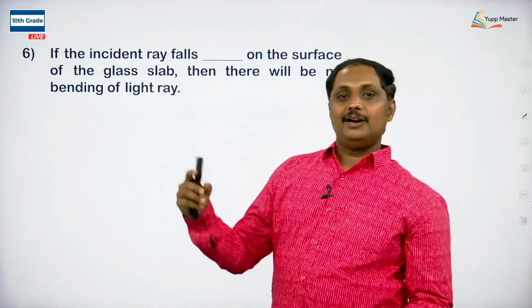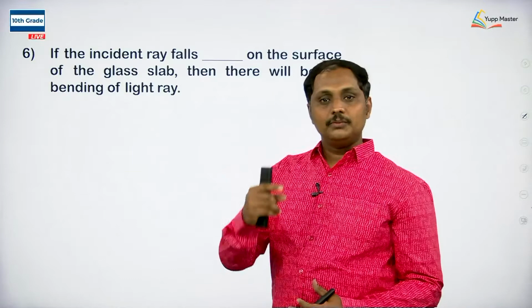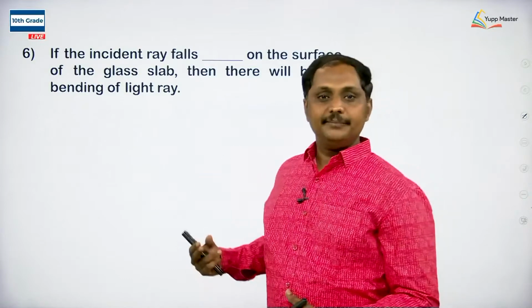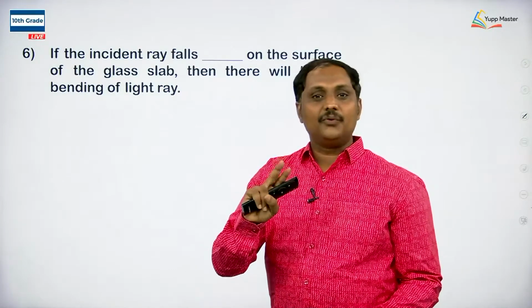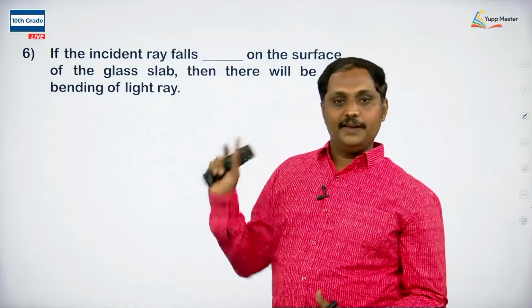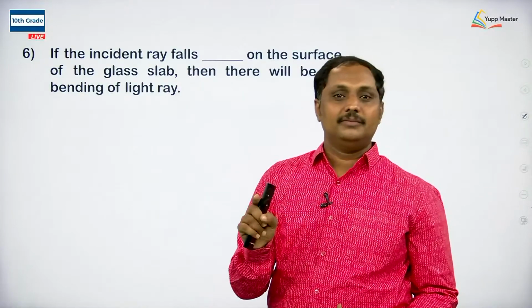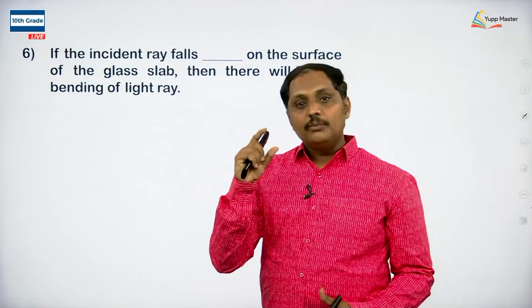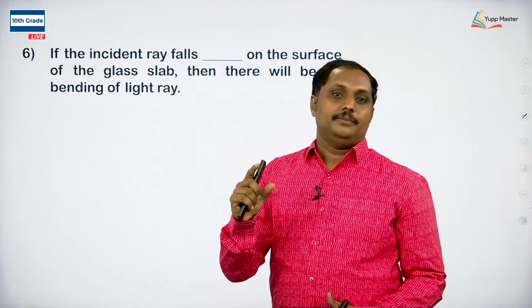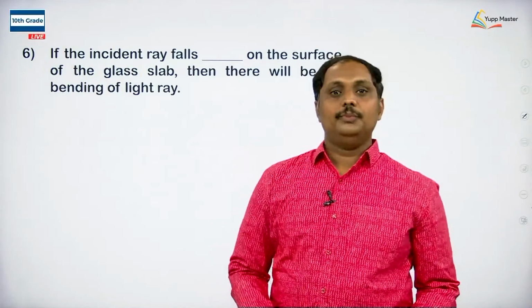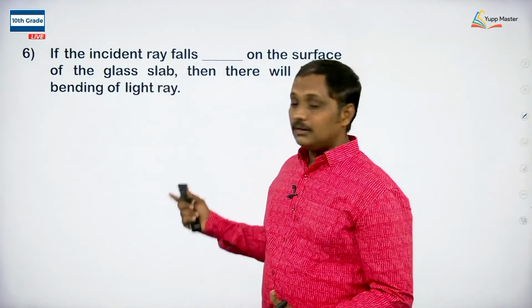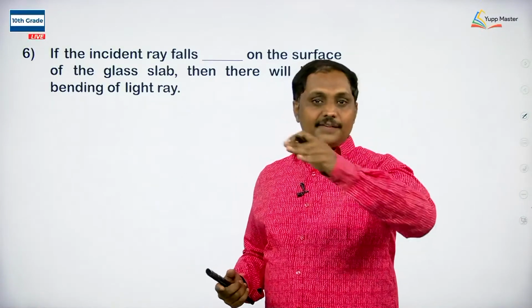Whenever light enters from one medium to another medium, if the densities of the two media are the same, then there is no refraction. So, the uniform density is there in case of the two media, and the light ray incident has no bending.